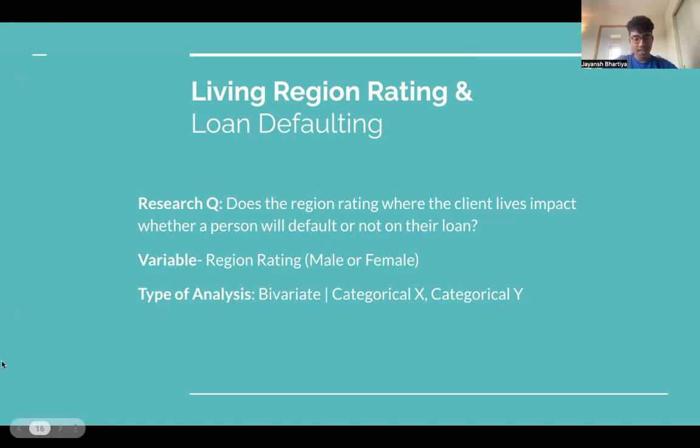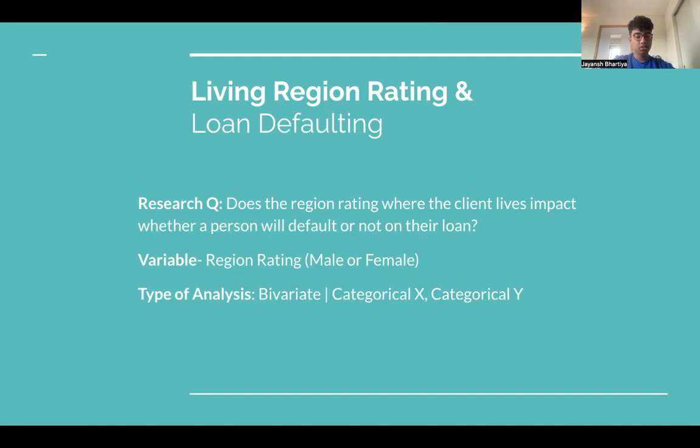So our final analysis was understanding the association between where the client lives and how the financial institution rates the living scenario, and understanding that association with the loan default.